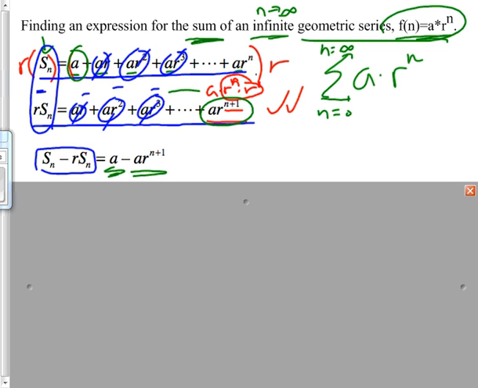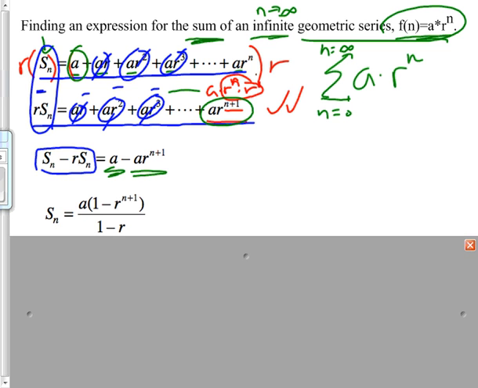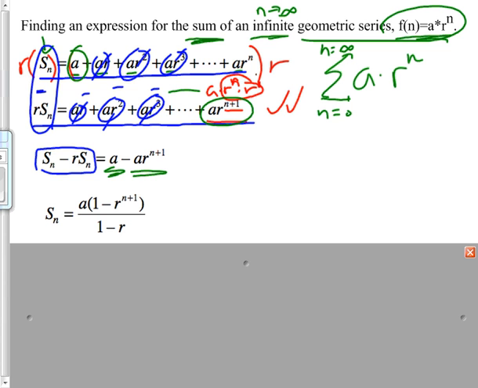How does that help us? Well, now we can get an expression for the sum of the nth term. And from this line to this line, it may not be totally clear, so let me just add in a step. What we did over here is we factored out an s sub n, and we got 1 minus r, just doing factoring.